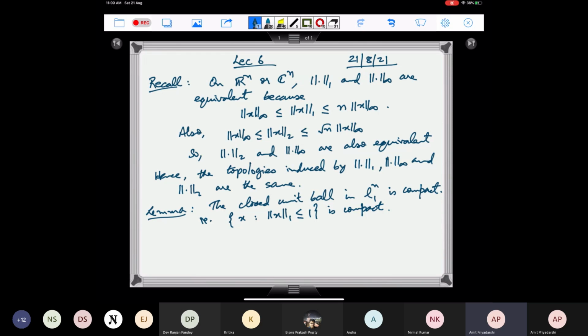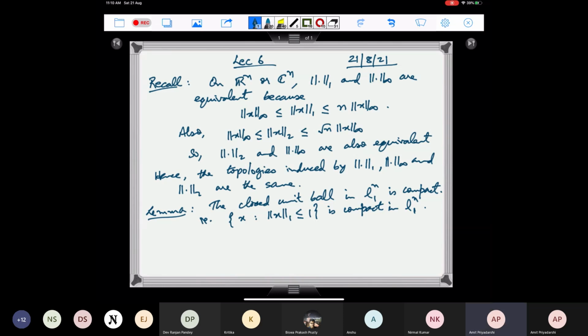Because we know that these topologies are the same, when we say compact in the normed linear space, we are taking this L1n. By the above remark, we know that norm 1 is equivalent to the Euclidean norm, norm 2.